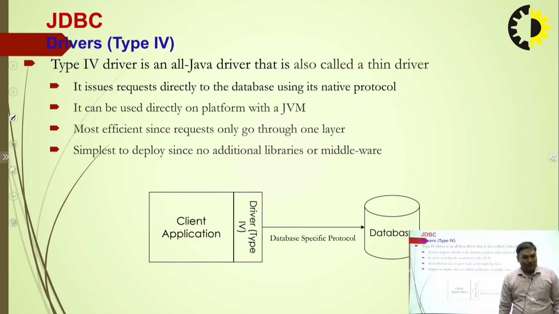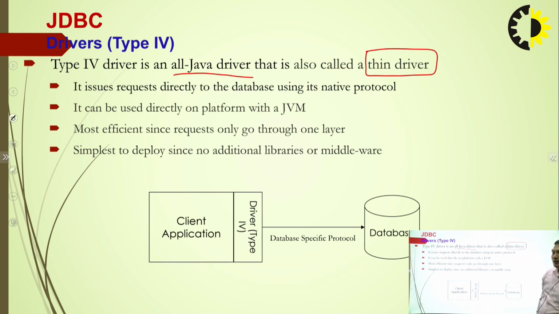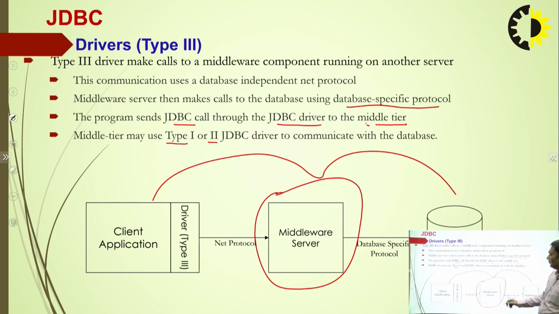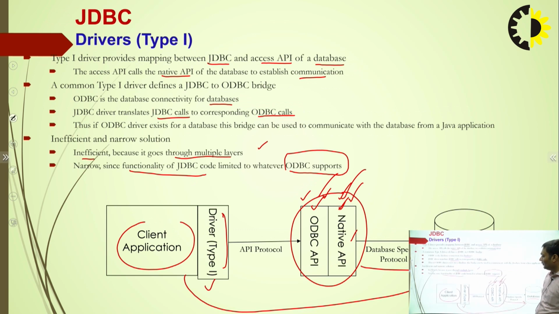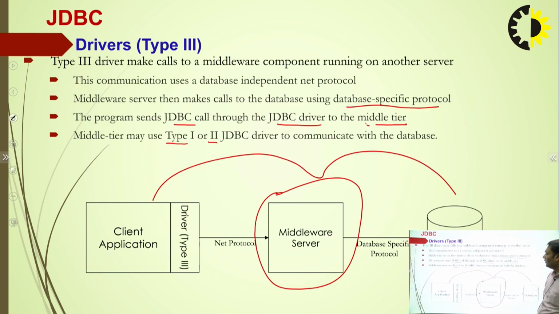And the next type of driver is type 4 driver. Type 4 driver is called an all Java driver. That is also called a thin driver. It issues a request directly to the database without using any middleware or any other native API or ODBC API as it was present in type 1 and type 2 drivers.